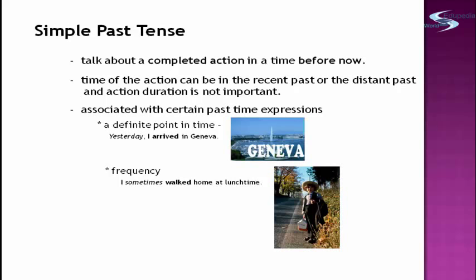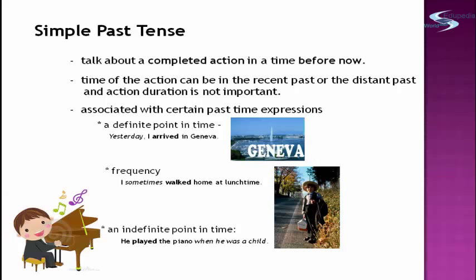So for example, I sometimes walk home at lunchtime. The word sometimes indicates frequency. Simple past tense is also associated with an indefinite point in time. So for example, he played the piano when he was a child. The indefinite point in time is when he was a child.